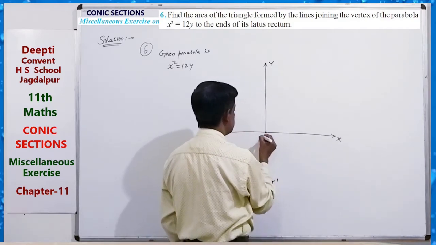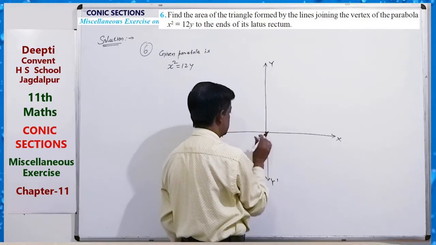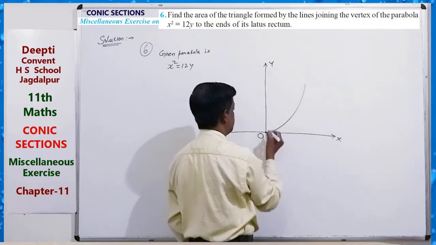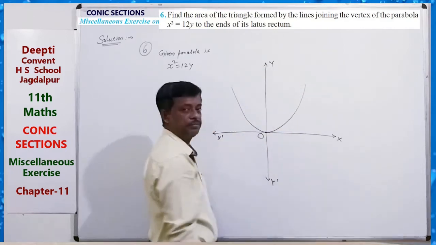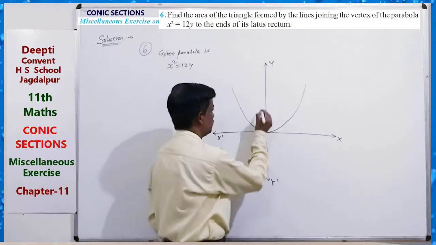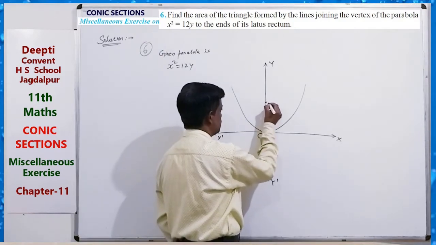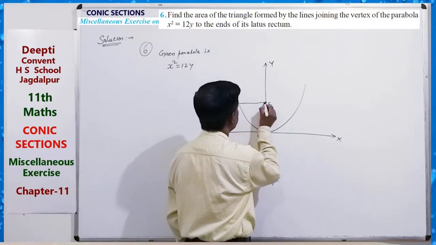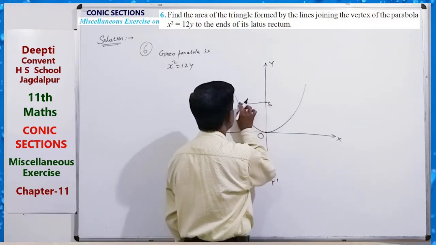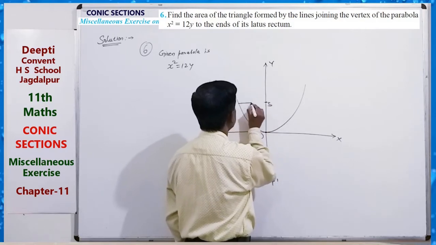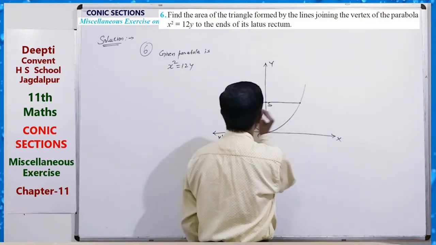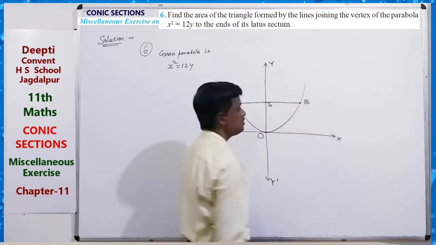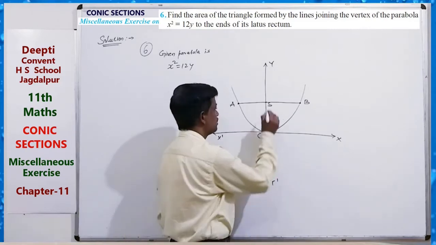This is the origin, and an upward parabola will be there. And the latus rectum, suppose this is the focus, then the latus rectum is the line perpendicular to the axis and passing through the focus. So this will be the latus rectum. AB is the latus rectum and the focus is here.